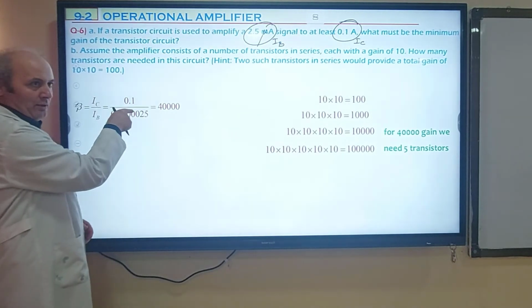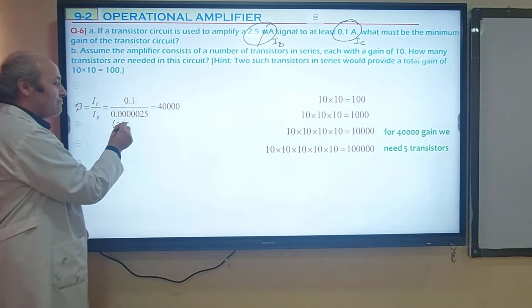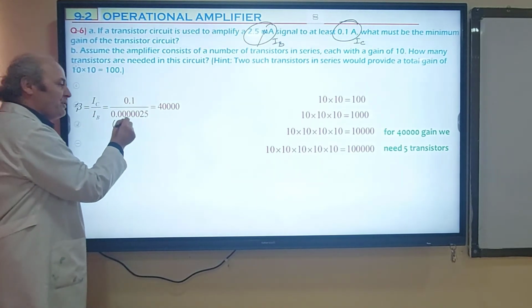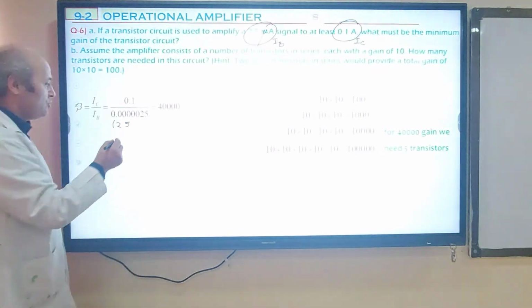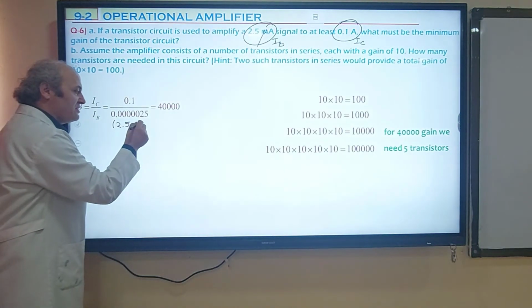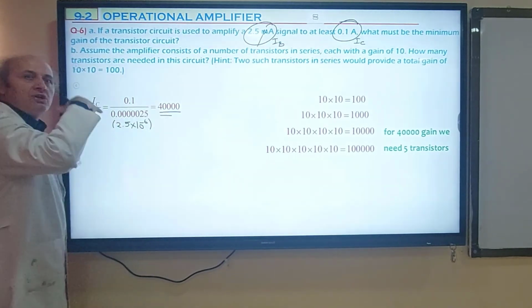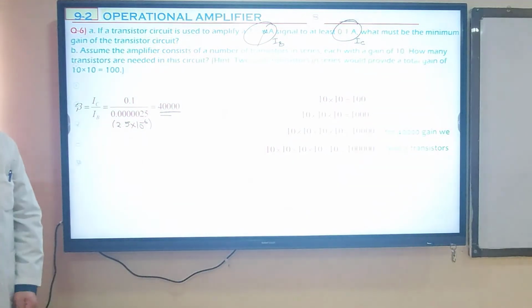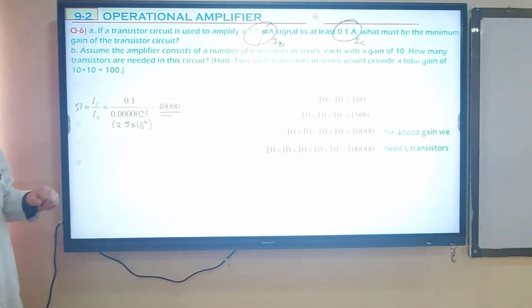IB is 2.5 microampere. 2.5 microampere is converted to ampere by multiplying by 10 to the power negative 6, so 2.5 times 10 to the power negative 6. Divide them. The result gives us the current gain of this circuit, which is almost 40,000.